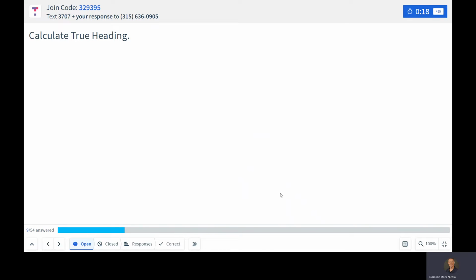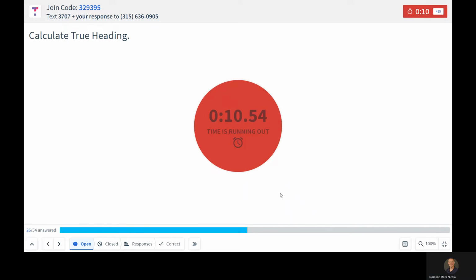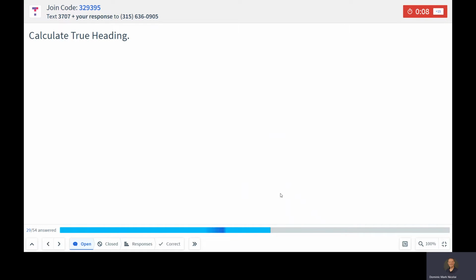It's subtracted. So true course minus the wind correction angle gives us true heading.